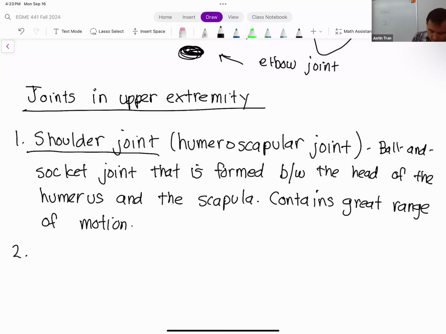Second joint is the elbow joint. Your elbow joint is primarily a joint between the bottom end of the humerus and the ulna.